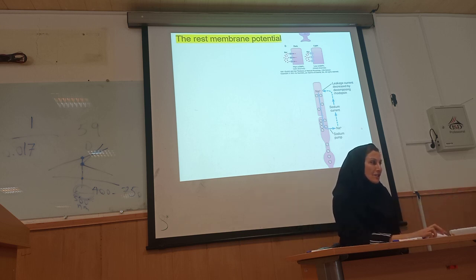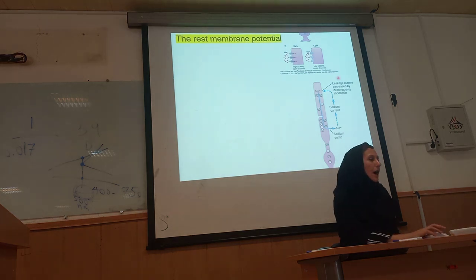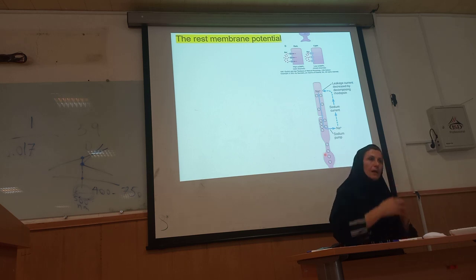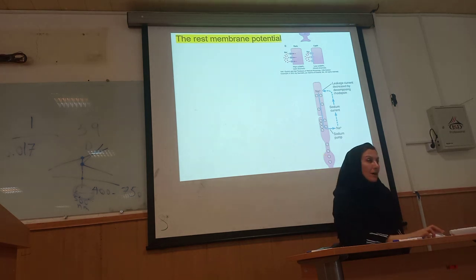Pay attention, each photoreceptor has an outer segment, an inner segment, and other parts that have some synaptic portion for having chemical synapses with others. But here, pay attention to this part. This is the outer segment and this is the inner segment.